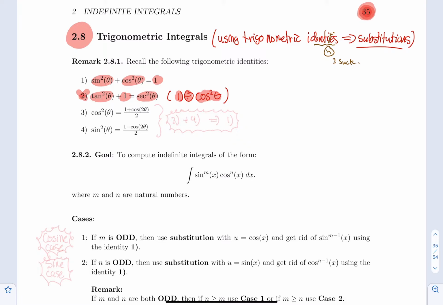And fun fact, if you add the third and fourth, of course, you're going to get the identity 1, because on the left side you get cos squared plus sine squared, and on the right side, if you add everything, you're going to get 1/2 plus 1/2, which is 1. So this is kind of a fun fact to verify. But anyway, we're going to be summoning those identities in this section or the next sections sometimes in order to get to our results.